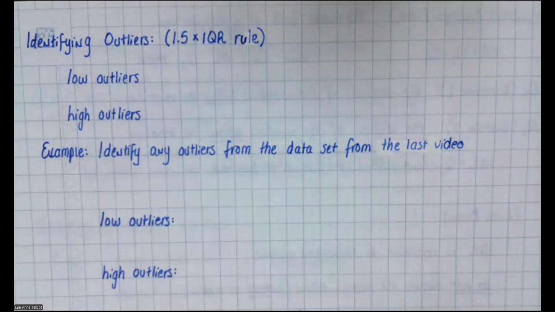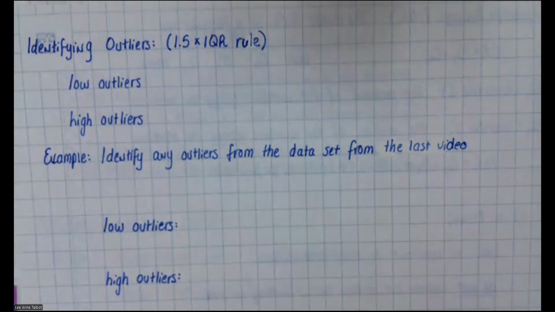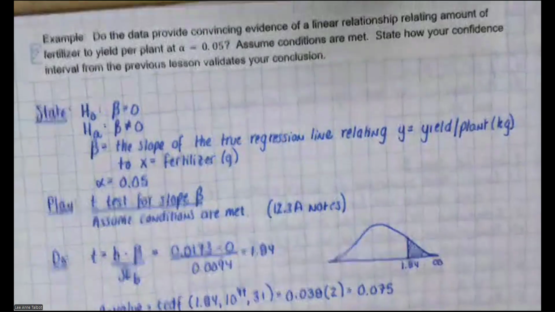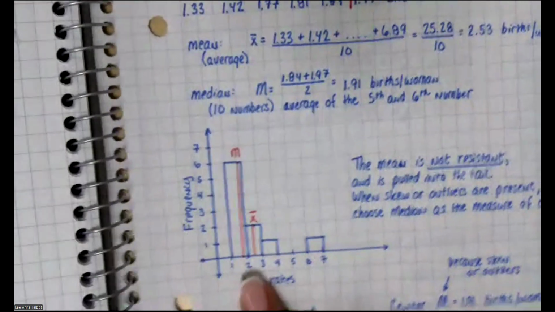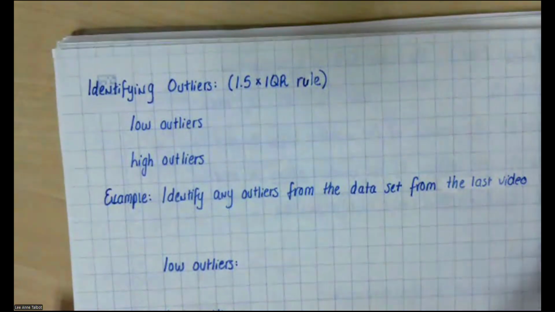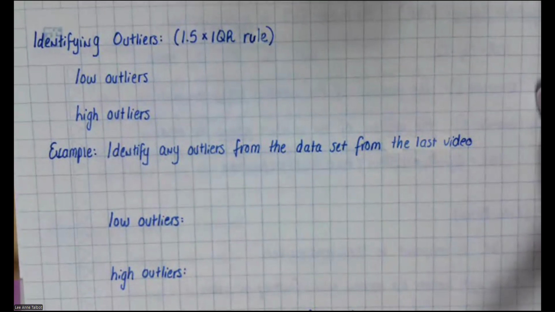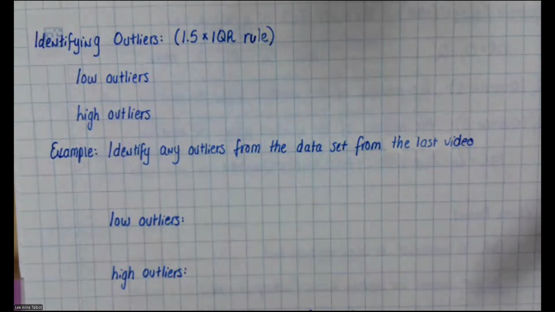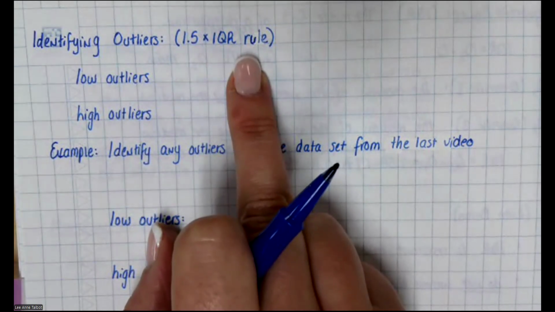Before we get to box plots, though, we're going to come back to identifying whether or not 6.89 was actually an outlier. When we first graphed it and I first showed it to you, there's a gap, and you could see that 6.89 was pretty far from the rest of the data values. And I told you, as a spoiler alert in the last video, that it probably is an outlier. But there's a very specific process that we use to determine whether or not something is an outlier in a data set, and it's called the 1.5 times IQR rule.